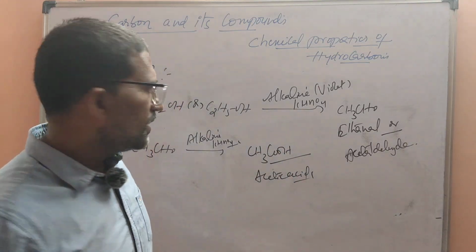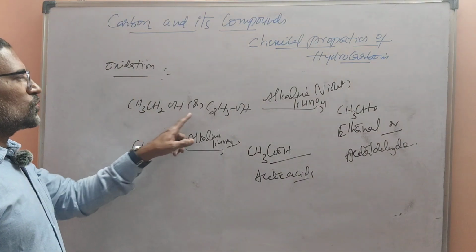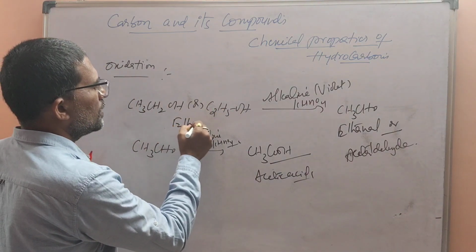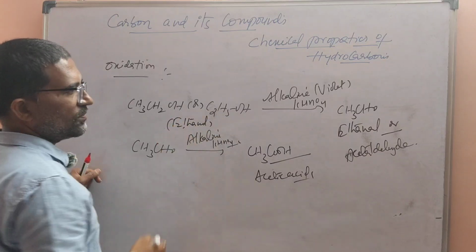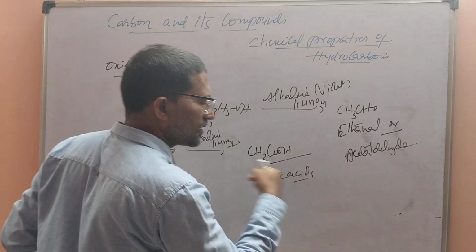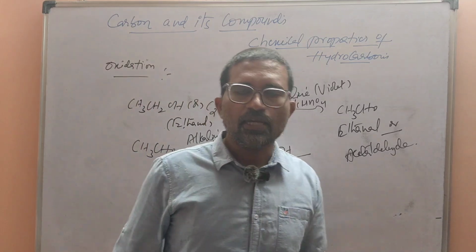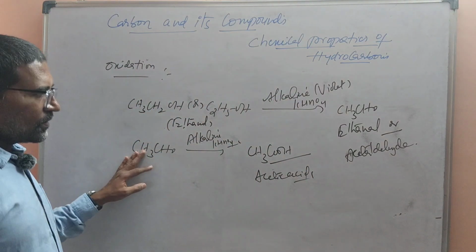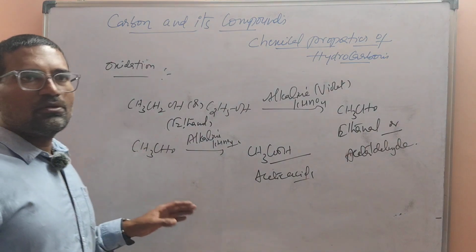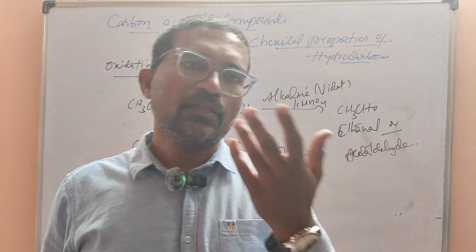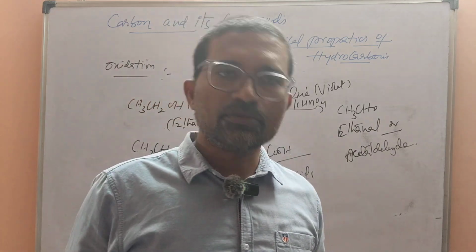So CH3CH2OH or C2H5OH, which is ethanol, is converted into ethanal, and again this ethanal is converted into acetic acid. I hope you all understood this. With this, the oxidation reactions of ethanol end.